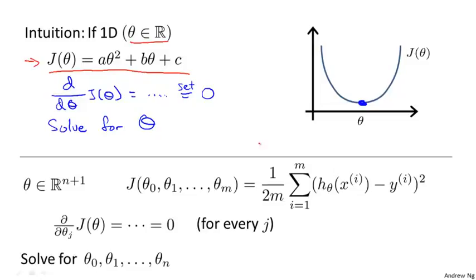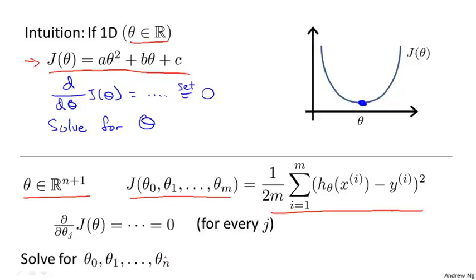In the problem that we're interested in, theta is no longer just a real number, but instead is this n plus 1 dimensional parameter vector. And our cost function J is a function of this vector value, or theta 0 through theta n, and the cost function looks like this sum squared cost function on the right. How do we minimize this cost function J?